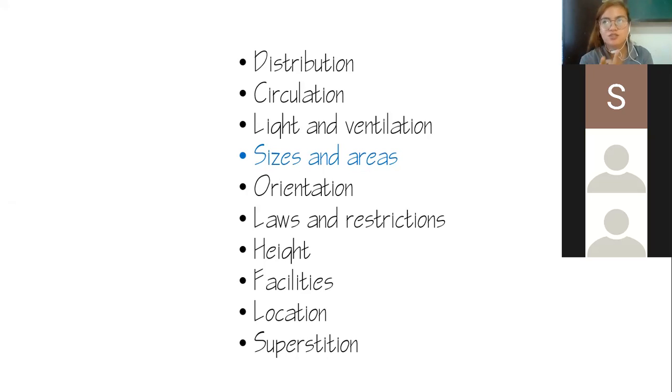So second is circulation. Circulation is an aspect in connection to distribution. If your areas are already properly distributed and zoned out, based on their purpose and the activities that will occur in that area, then the circulation will be good and unhampered.